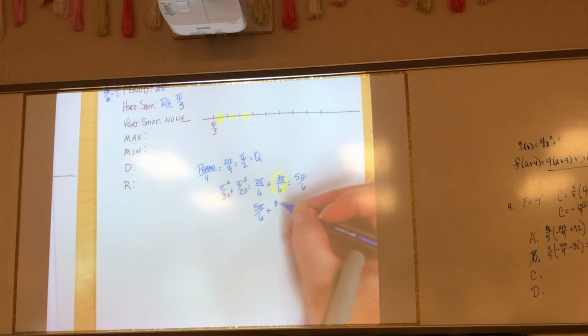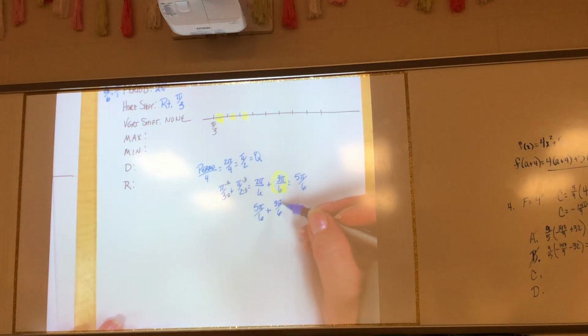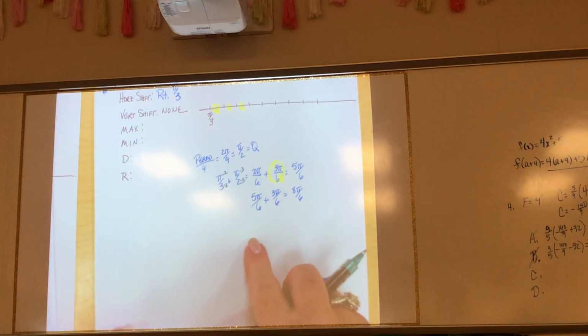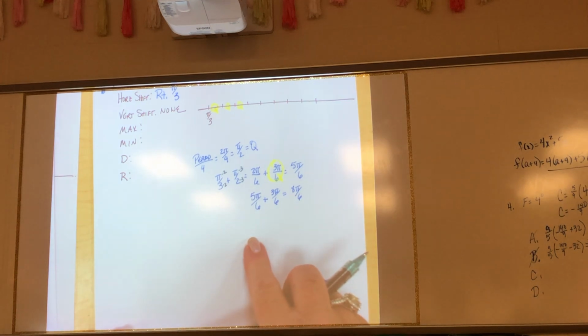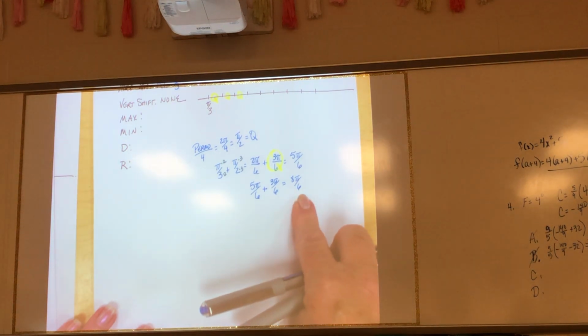It is pi over 2, but I don't want to find a common denominator every stinking time. What is 5 pi over 6 plus 3 pi over 6? 8 pi over 6. Don't reduce it yet, because if you reduce it, what are you going to have to go back and do? Find a common denominator. Do you see what I'm saying? So just go and do your work, and this will show you what the pattern is.